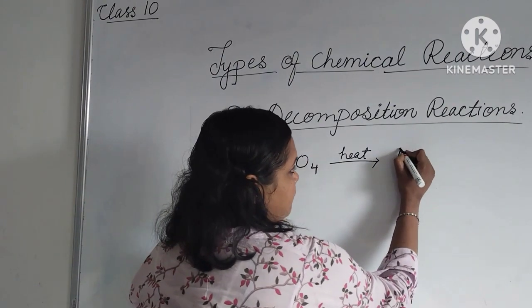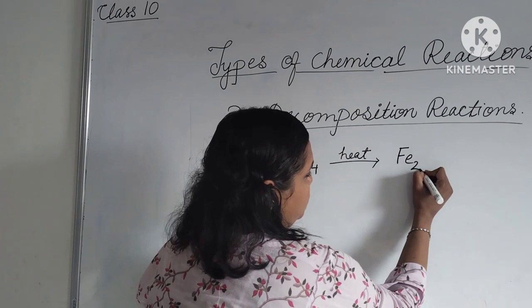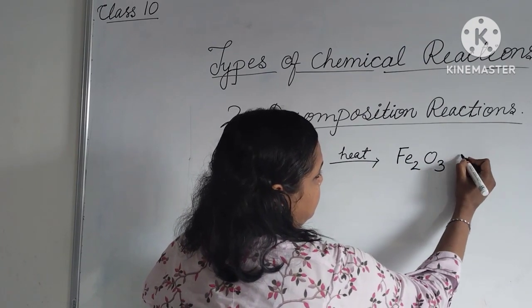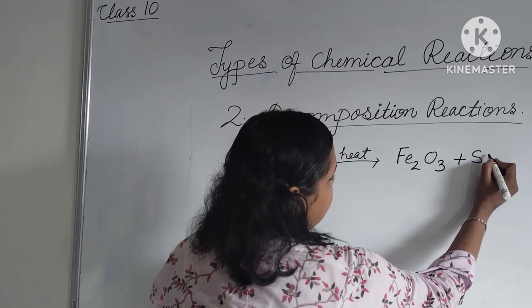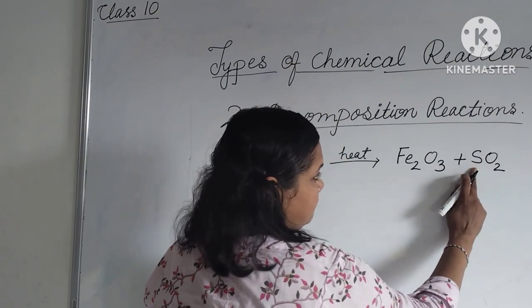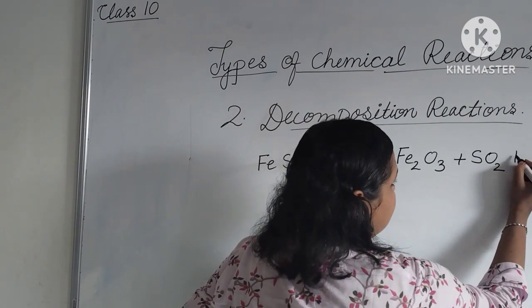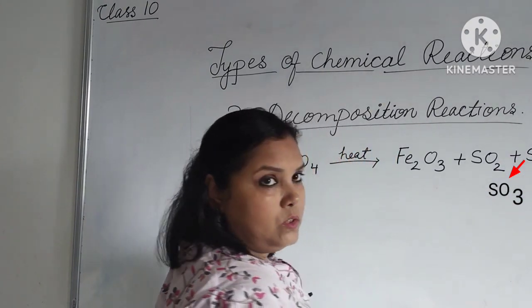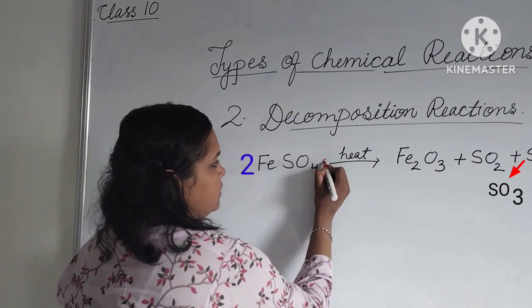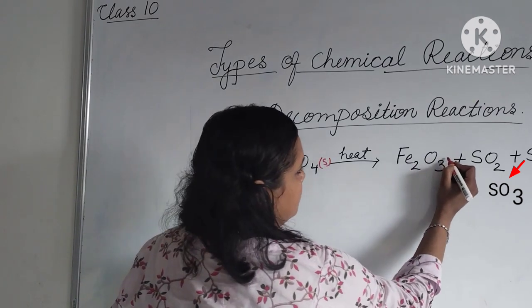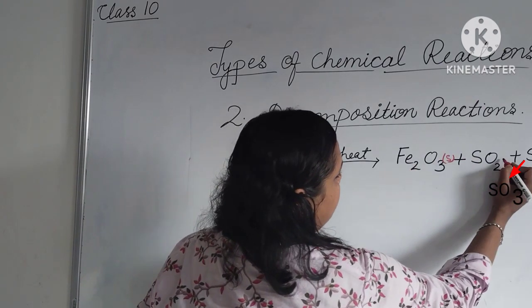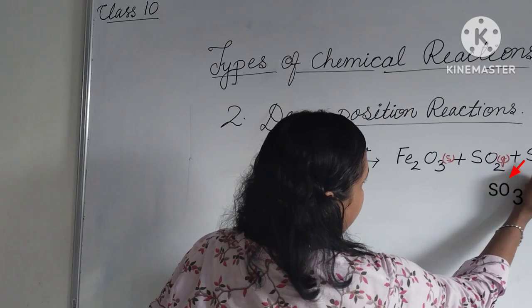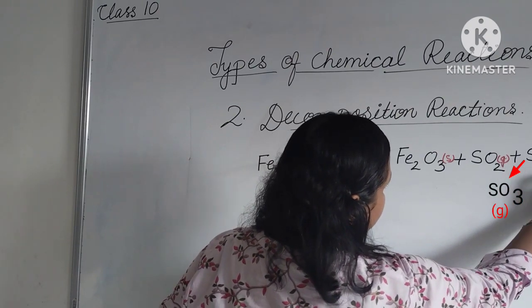That is ferric oxide Fe2O3, sulfur dioxide, that is SO2, and sulfur trioxide. Okay, solid, solid, and this is gas, and this one is also gas.